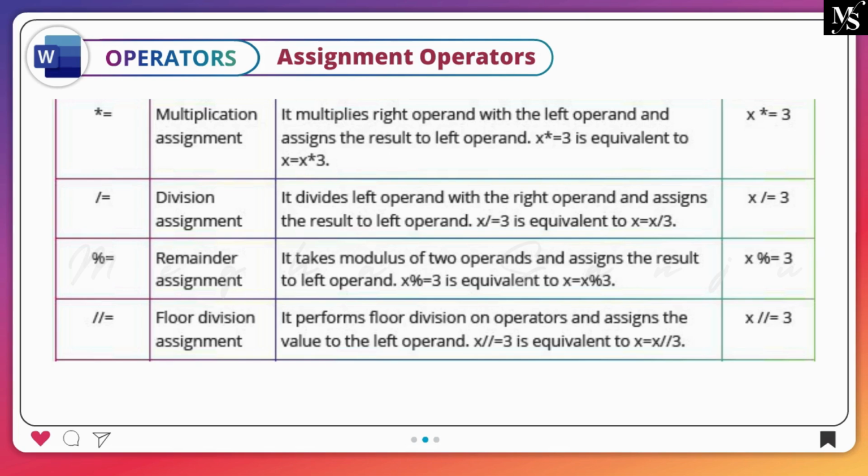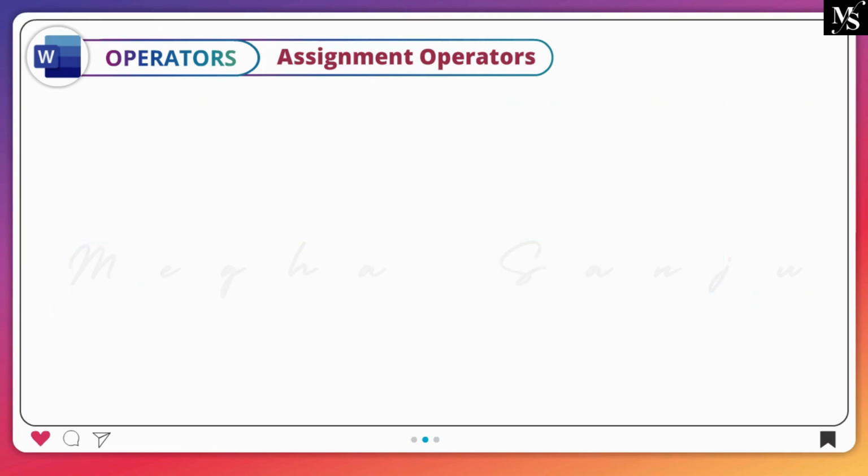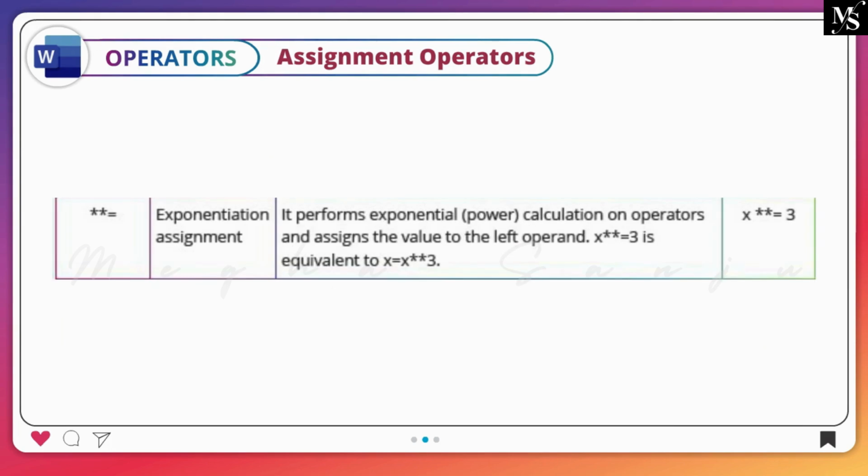Example: x% equal to 3. Floor division assignment. It performs floor division on operators and assigns the value to the left operand. x floor division equal to 3 is equivalent to x equal to x floor divided by 3. Example: x floor division equal to 3.